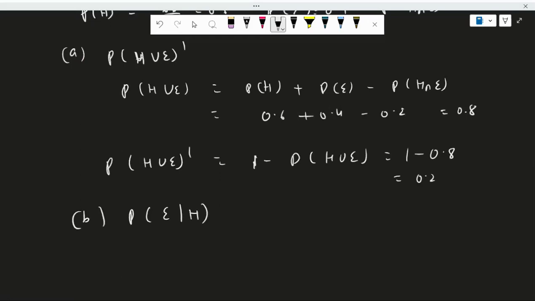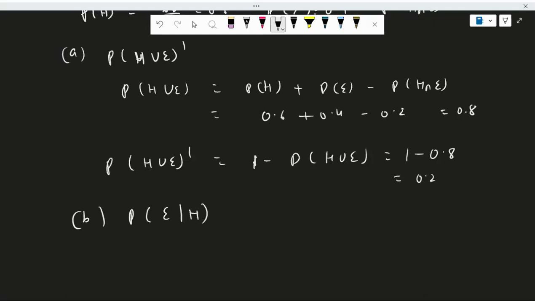Yes, sir. Most of the students get confused taking this one. They come happily saying, sir, it was correct, I did it. And when I asked them what was your answer, they did it wrongly. They determined P(H by E) in place of P(E by H).